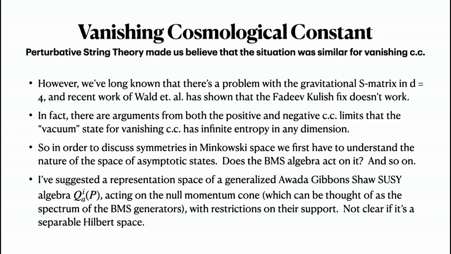I've made a proposal some years ago. There's a supersymmetric generalization of the Bondi-Metzner-Sachs algebra that was invented by Iwata, Gibbons, and Shaw. And I proposed a version of that that might be the right algebra to think about representations of.